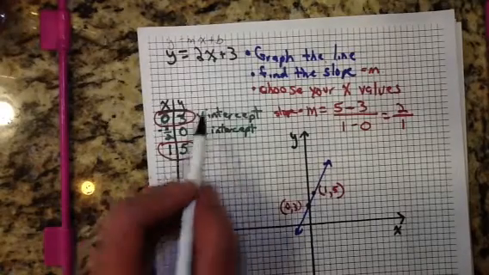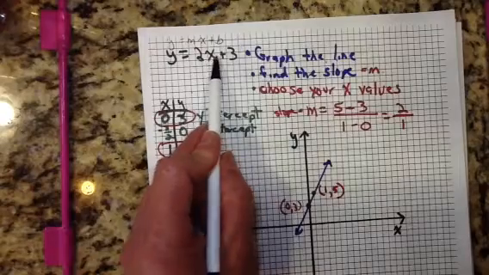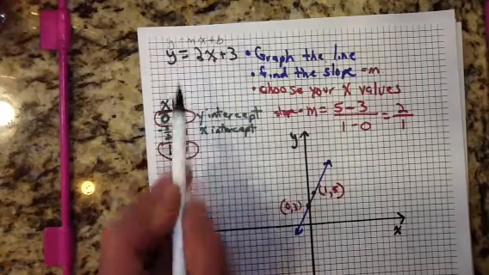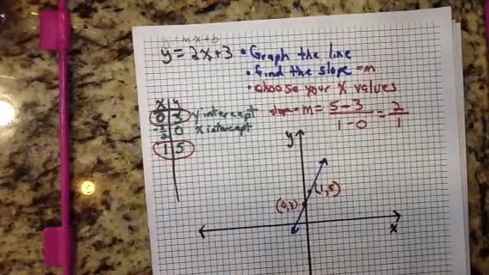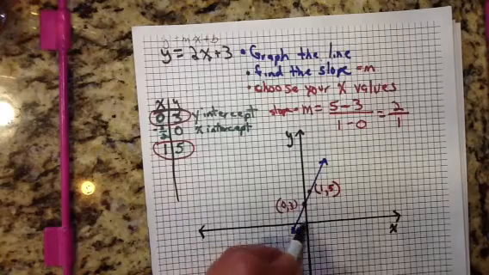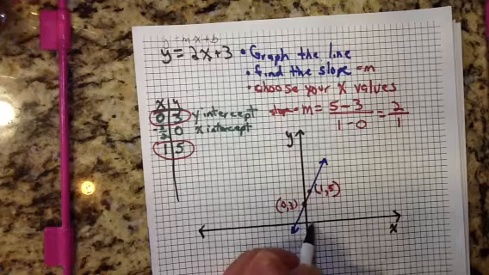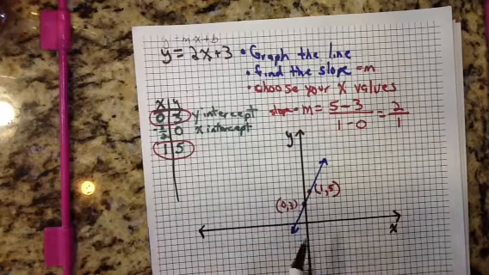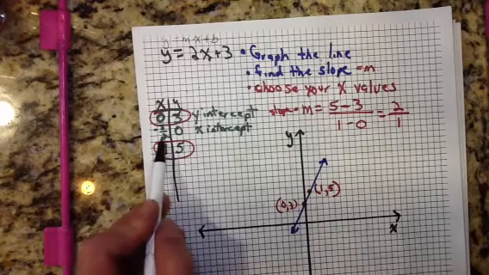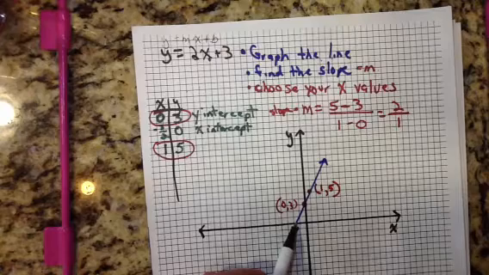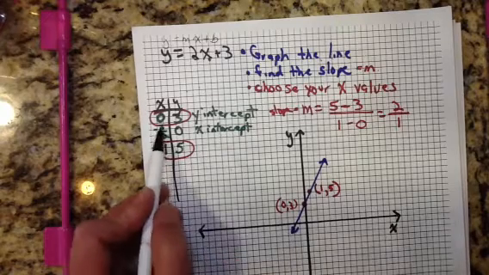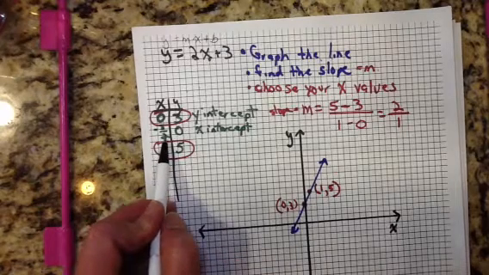And then the last thing I did is I put 1 in for x. 1 times 2 is 2, plus 3 is 5, so y is 5. Anyway, I graphed (0, 3). I graphed (1, 5). And then notice I didn't exactly do this third coordinate, but you can see it is crossing. What is negative 3 over 2?